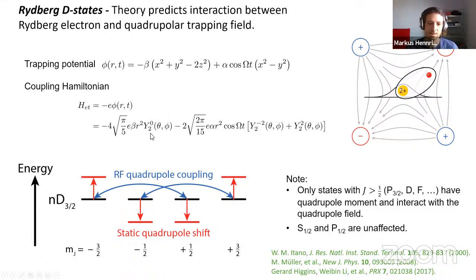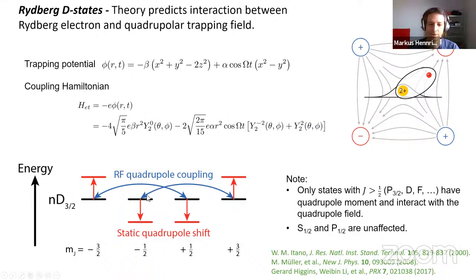And then you actually see that there's a term here from the DC term that only leads to DC static shifts, while the AC term actually leads to the coupling between different Zeeman levels. So there's a delta M equal to ±2 involved in there.